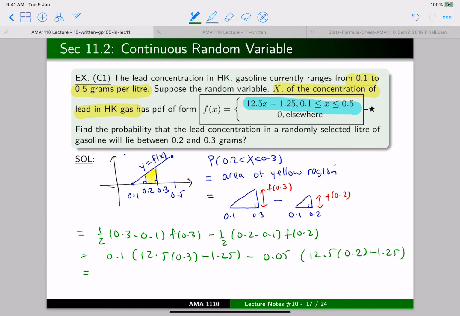We plug that into a calculator and get 0.1875. That's the probability that the lead in Hong Kong gas is in between 0.2 and 0.3 grams per liter.